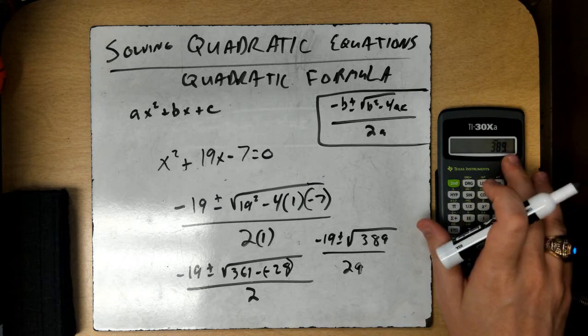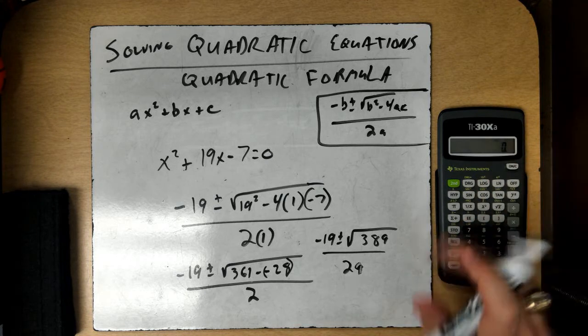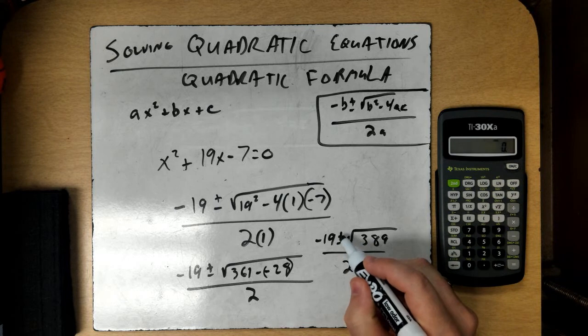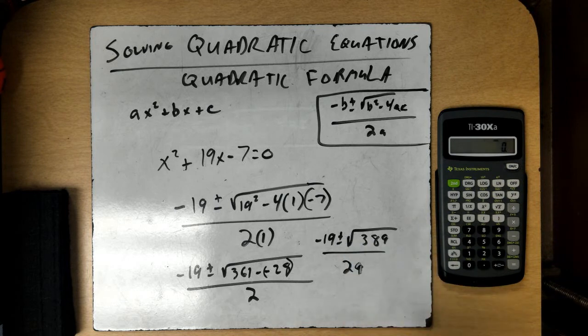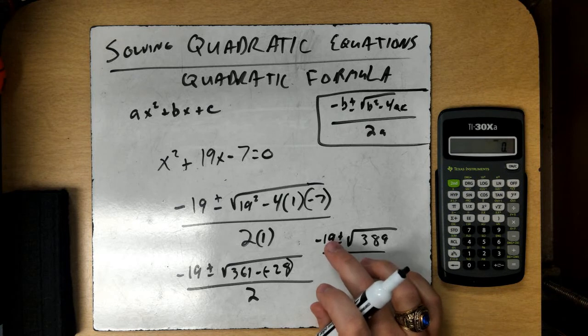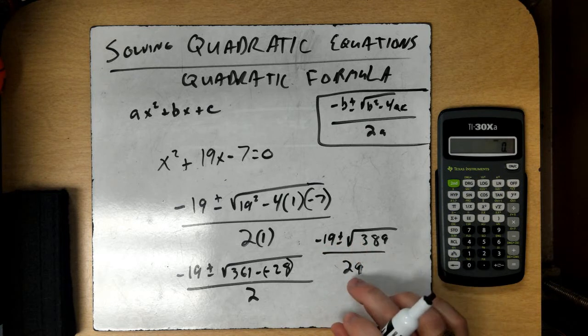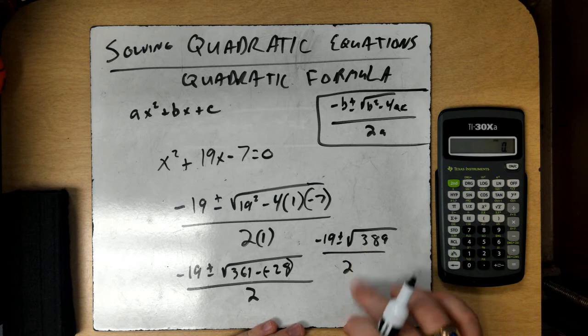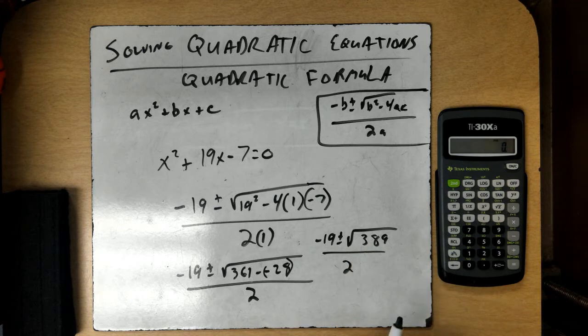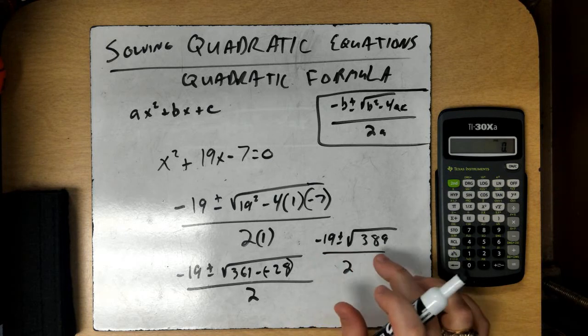Now here, you see in the middle we have a plus or minus. What this means is kind of like what we did with completing the square in the last lesson, in which you would do negative 19 plus the square root of 389 divided by 2, and then negative 19 minus the square root of 389 divided by 2.